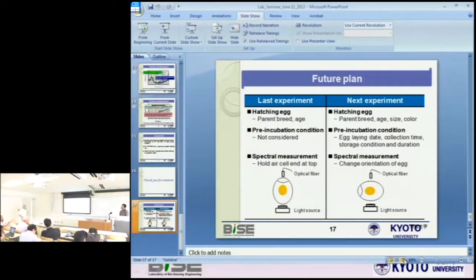For example, in fruit measurement, the method is already established. They don't keep a fixed distance, but they have to make sure that the optical fiber is attached to the samples. In the fruit measuring system, the fruits are different, sometimes different shapes and sizes, but they have to make sure that the optical fiber attaches to the surface.